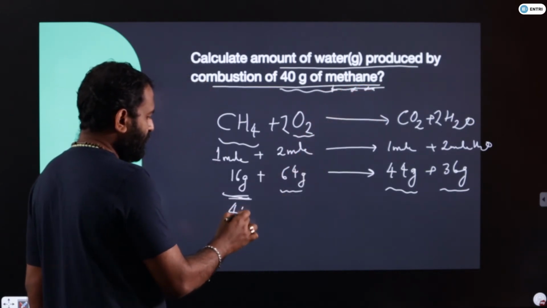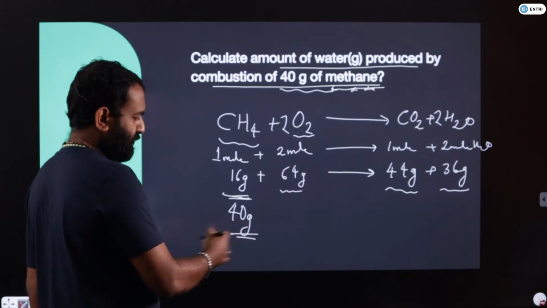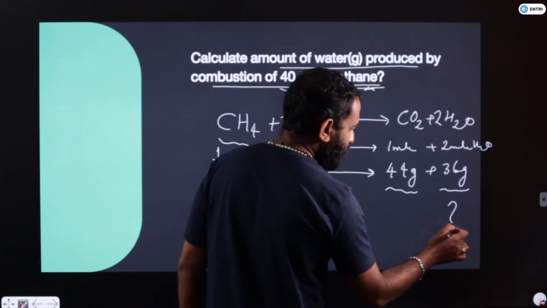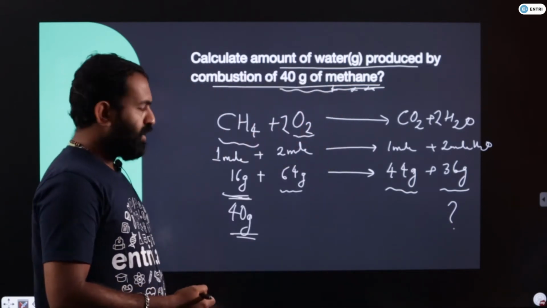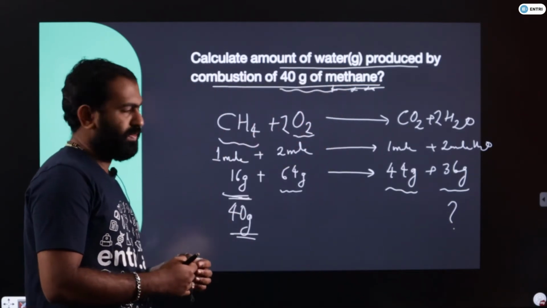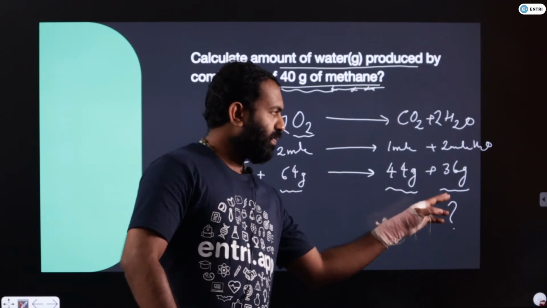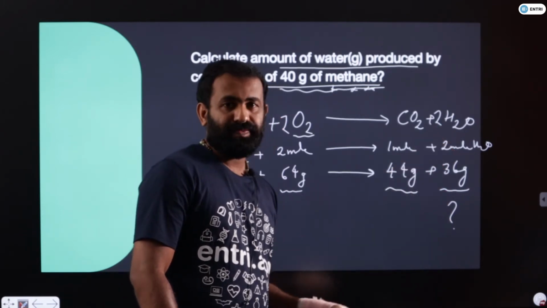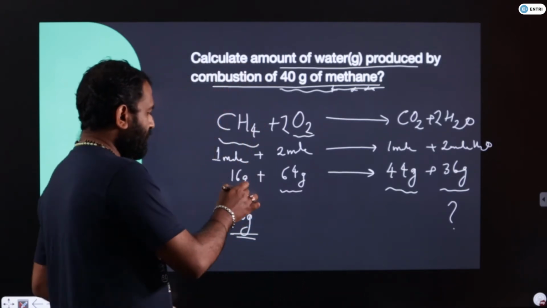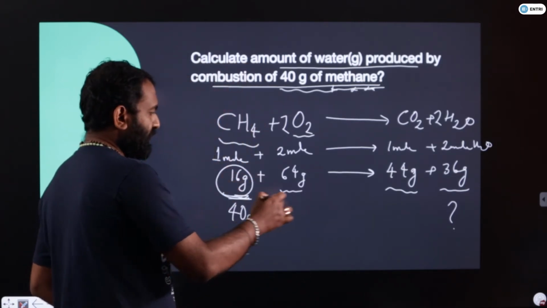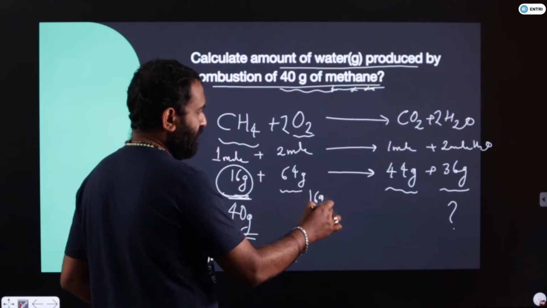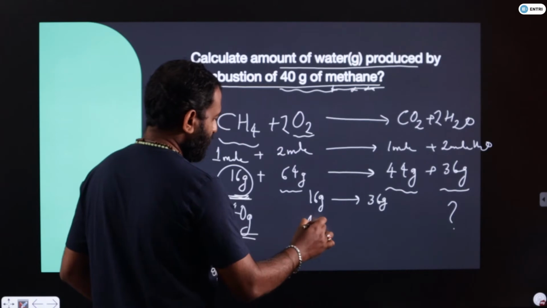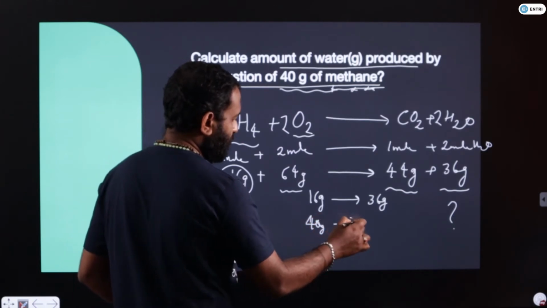The question is the amount of water produced by combustion of 40 gram of methane. The amount of methane is given as 40 gram, and the question asks for the amount of water produced. So based on methane, we have to calculate the amount of product, that is water. By stoichiometry, 16 gram methane gives 36 gram H2O, so 40 gram methane gives how much?